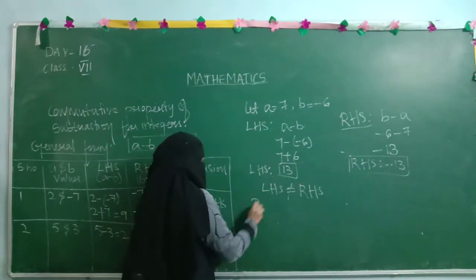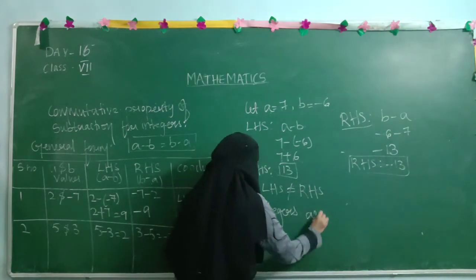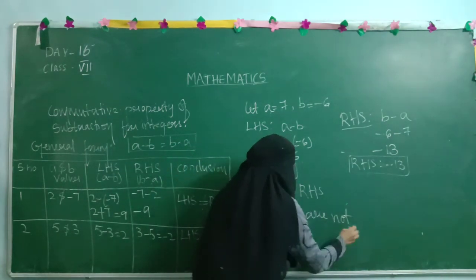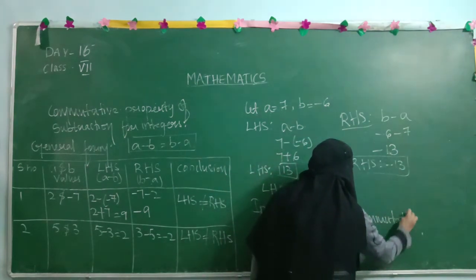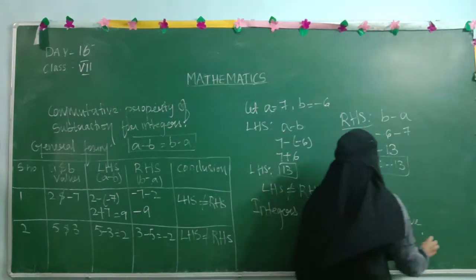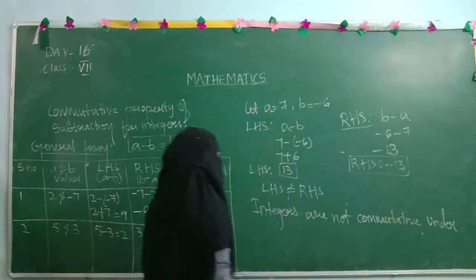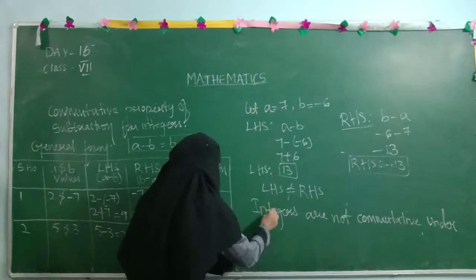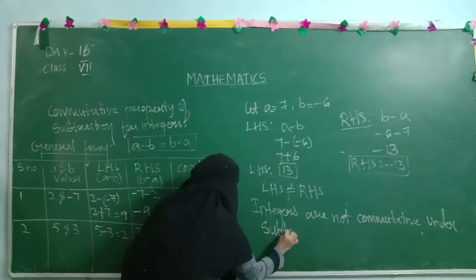Integers are not commutative. Under which operation did we perform this? Exactly, they are not commutative under subtraction. But in the previous video we checked addition and observed that they are commutative under addition.